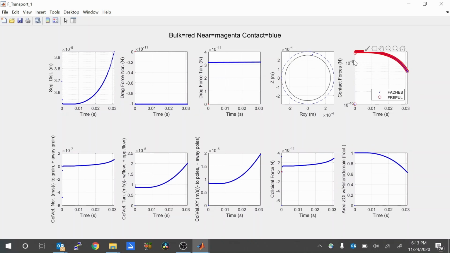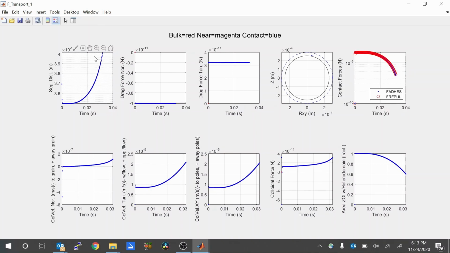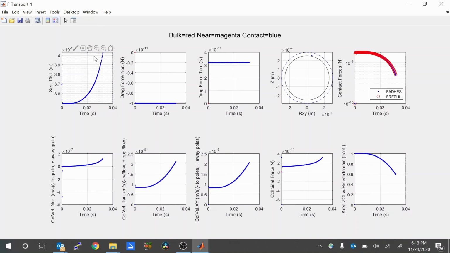So now the colloid is a good 4 nanometers away from the surface, nearly. And the area of the ZOI occupied by heterodomains is now getting quite close to the threshold where the interaction will become repulsive. And you might ask, why does the colloidal force show repulsive? And that's because, of course, that it is snug up against the repulsive forces in terms of Born and steric.